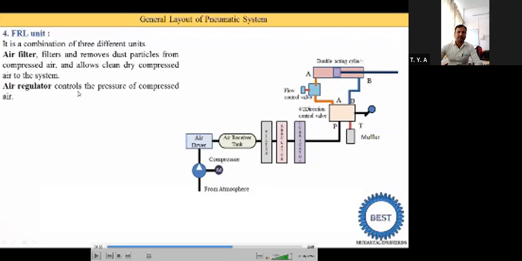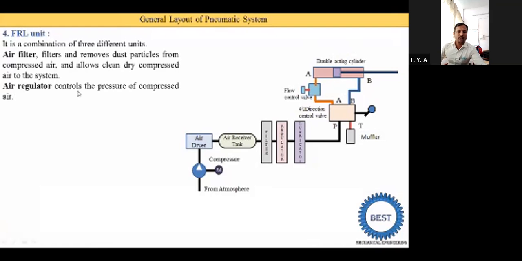Please listen carefully about this FRL unit, because your university examination will be based on MCQs. Getting it? In the MCQ about this FRL unit, one or more than one question will be there. Out of that, one will be the symbol, and the second will be the purpose or function of the air filter, air regulator, or lubricator.